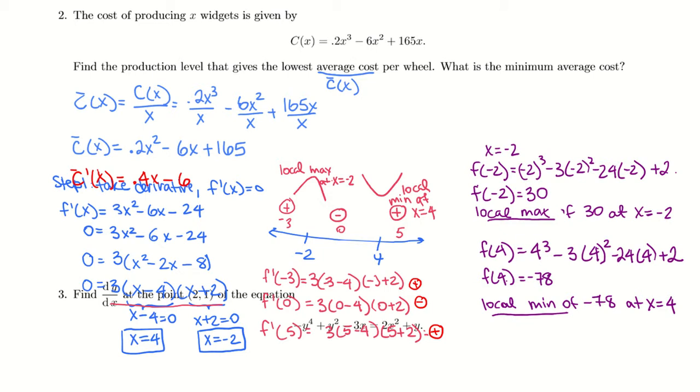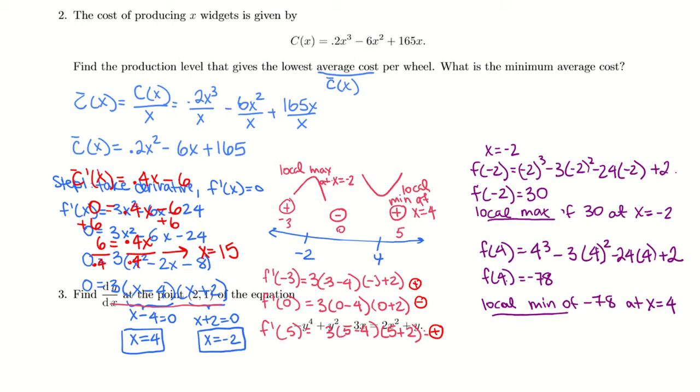And solving this function, set equal to 0, we would add 6 to both sides, and then divide by 0.4. This gives that our number of widgets is 15.